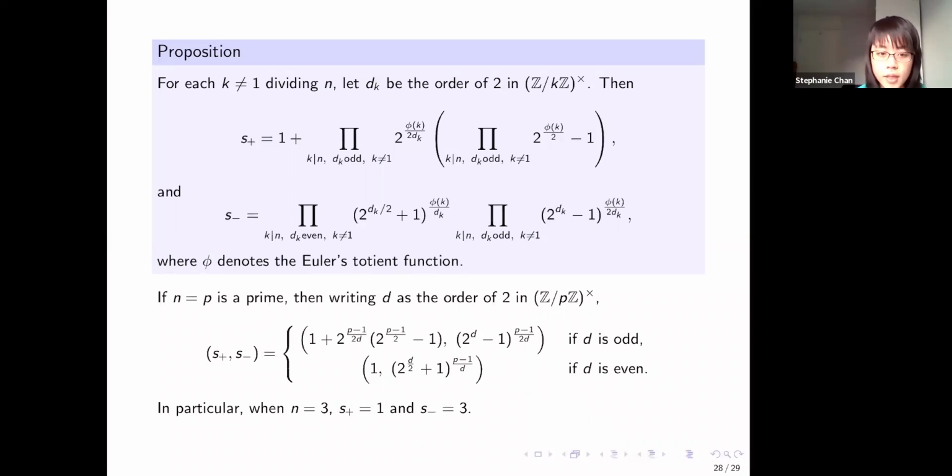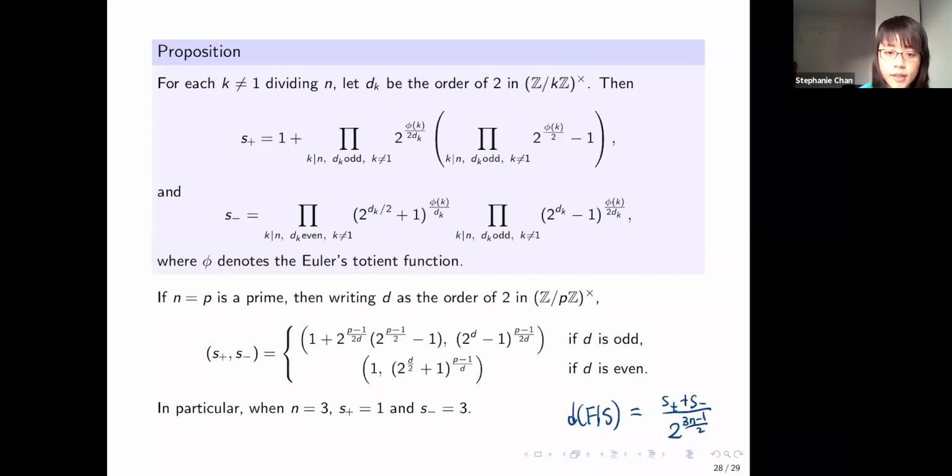Putting this back into our formula, d of f given s is s plus s minus over 2 to the (3n minus 1)/2. Then that gives us our theorem.